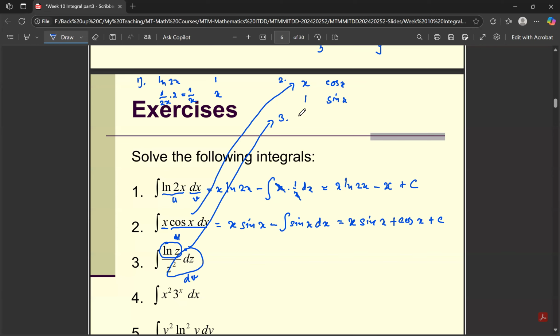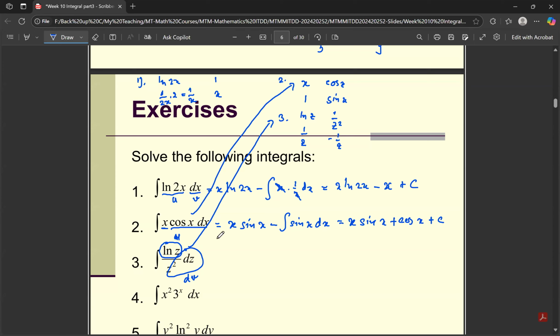So we have ln Z, and the derivative of ln Z will be 1 over Z, and dv is 1 over Z squared, and the integral of 1 over Z squared will be minus 1 over Z.